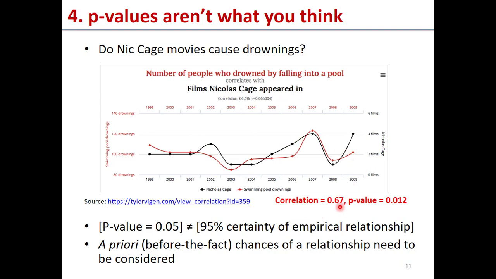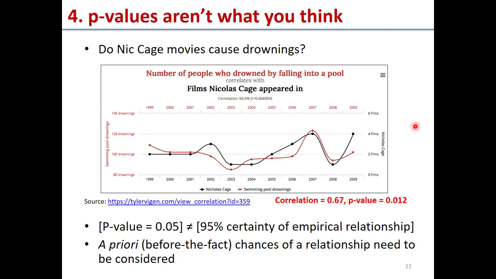He found a correlation of 0.67, with a p-value of 0.012. So most people would say, hey, look, there's a 98.8% chance that Nicolas Cage movies are correlated with people drowning in the pool. But his movies are not that bad. There's a couple good ones. Moonstruck is a great movie.